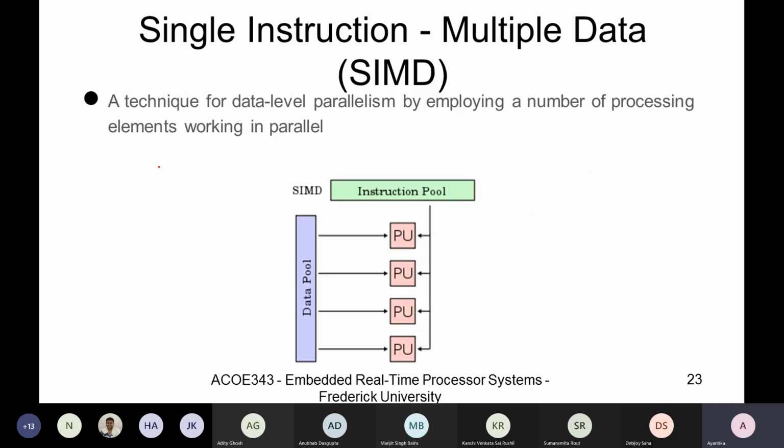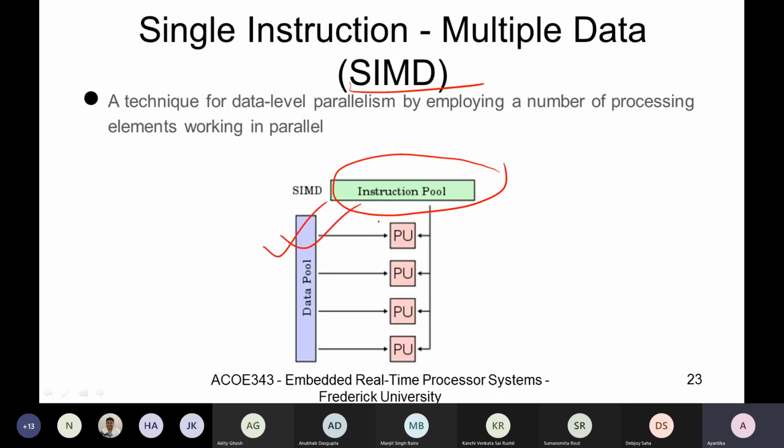Okay. Next, another thing is single instruction, multiple data, SIMD. The SIMD technique, as the name suggests, I think you already understand: you have an instruction pool, and from there you take one instruction, but you apply it to these PUs. The PU is the physical unit, and this physical unit takes the instruction and multiple data from the data pool.